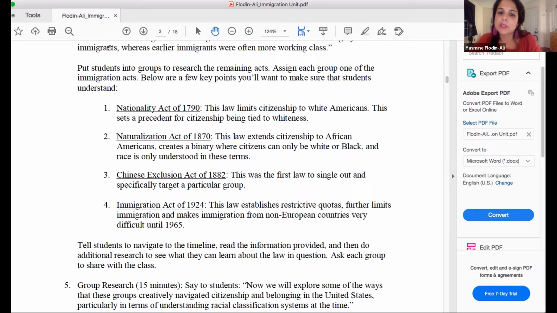Then we got the Chinese Exclusion Act of 1882, and this was the first law to single out and specifically target a particular group, and its ramifications were really hugely influential on all Asian Americans, or all Asians in the US who were seeking to become Americans, even though it targeted in particular Chinese Americans. And then we have the Immigration Act of 1924, which establishes restrictive quotas, further limits immigration, and makes immigration from non-European countries very difficult.